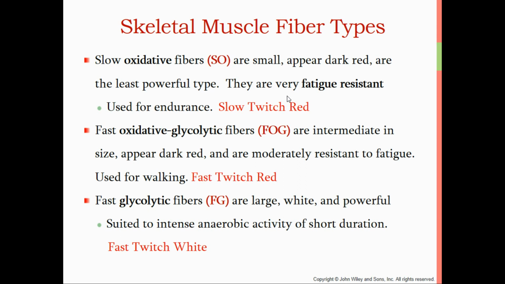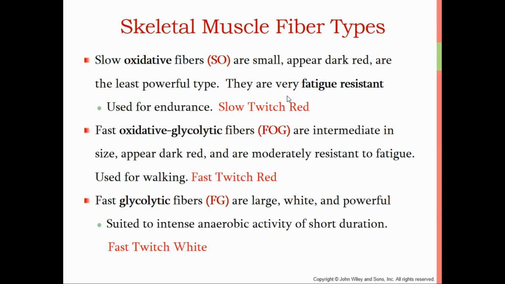They are intermediate in size, meaning they're not as small as slow oxidative, but they're smaller than the fast glycolytic fibers, as we're going to talk about here in a minute. They appear dark red. They are moderately resistant to fatigue, used for walking. They are called fast twitch red, and they're kind of the best of both worlds.